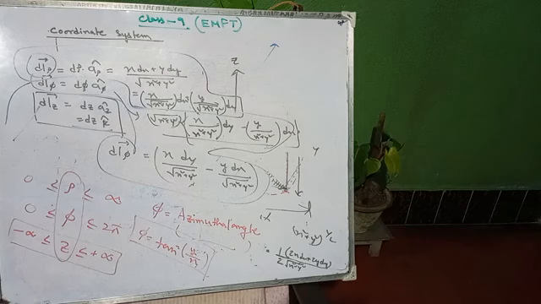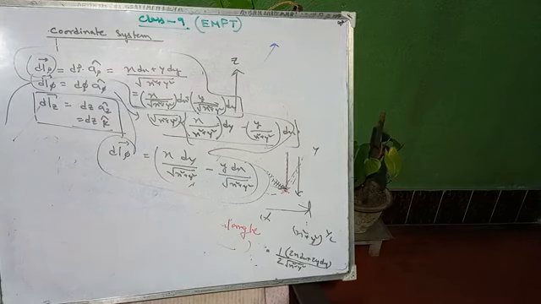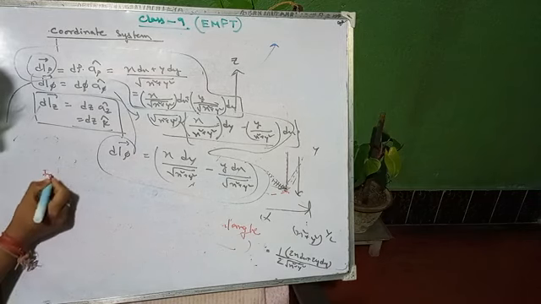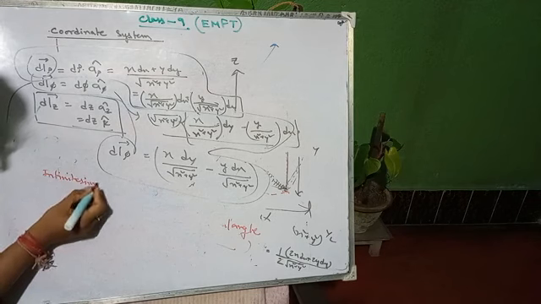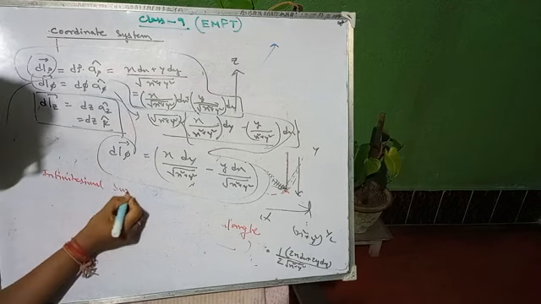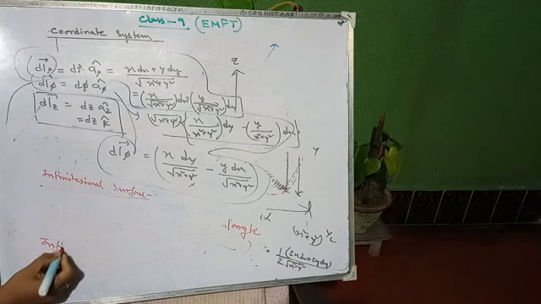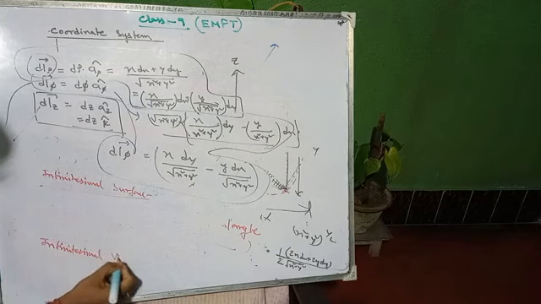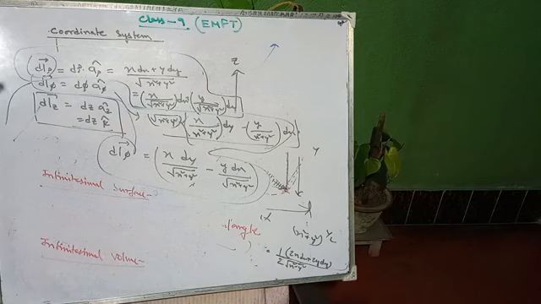Okay, so next day I will discuss the differential, infinitesimal surface, and last is infinitesimal volume. Okay, these two topics are to be discussed. So coordinate system have three systems.